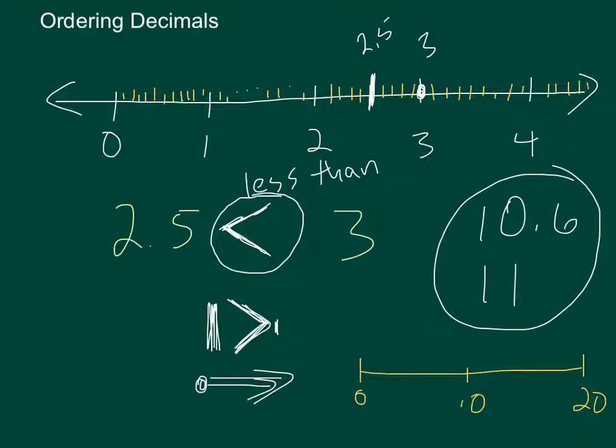Well, 10.6 would be about there, and then 11 would be about there. So 11 is a little bit bigger than 10. So we can say that 10.6 is less than 11 because it's closer to 0. Another way to write that would be 11 is greater than 10.6.